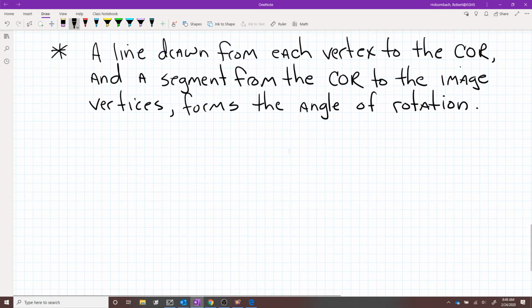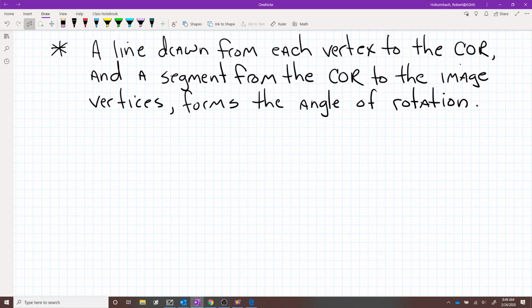So here's what you kind of want to get out of this. If you are asked, copy ABC and point K, then use a protractor and a ruler to draw a 140 degree rotation of ABC about point K. So let's rotate ABC about K, and they're saying 140 degrees.